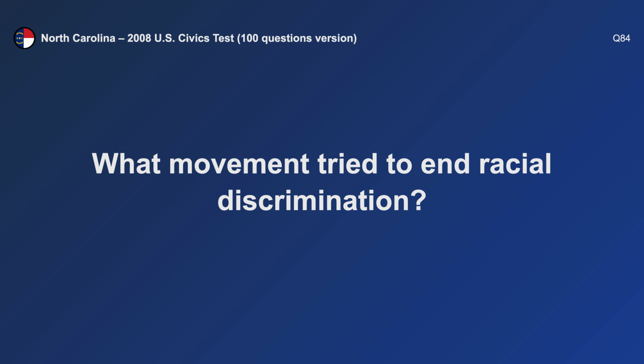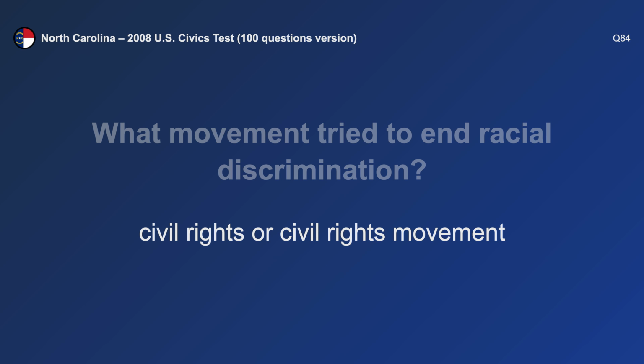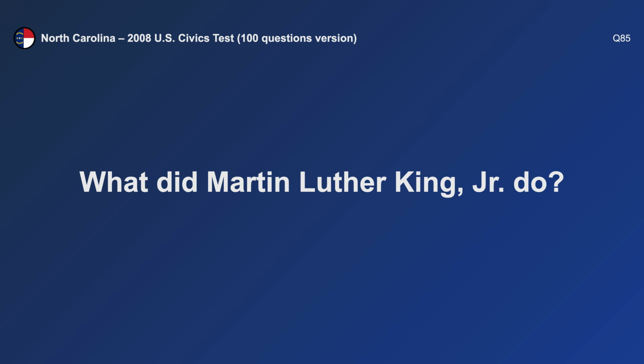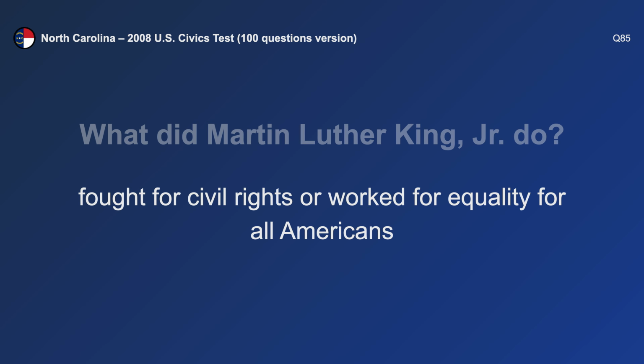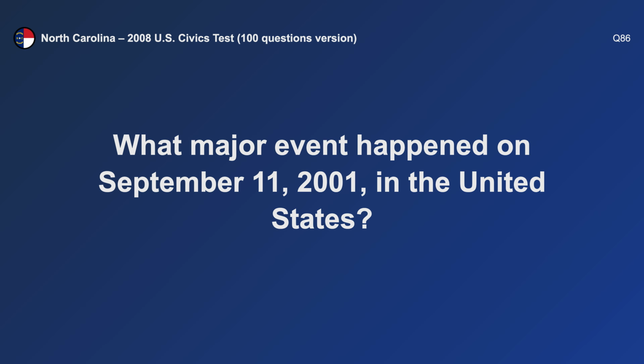What movement tried to end racial discrimination? Civil rights. What did Martin Luther King Jr. do? Fought for civil rights.